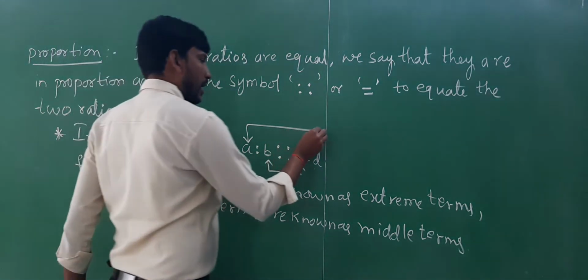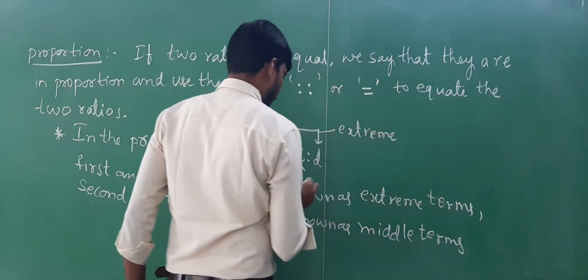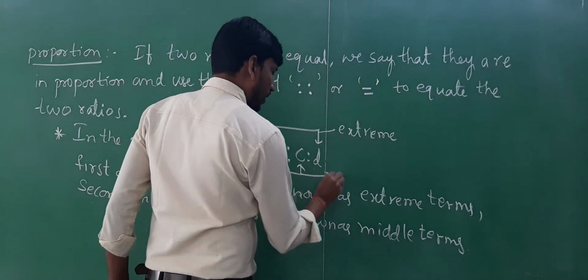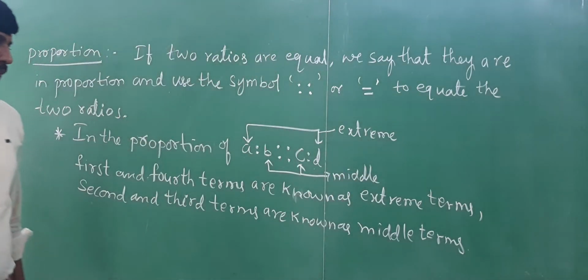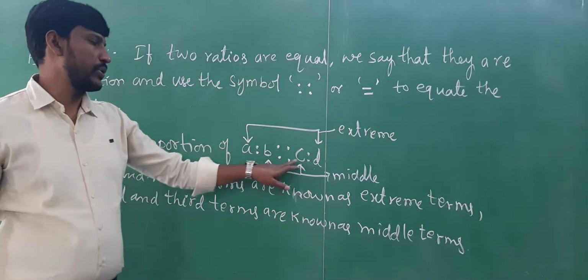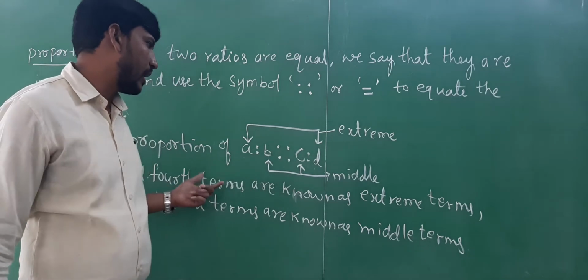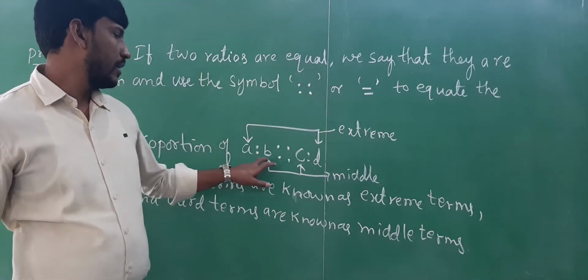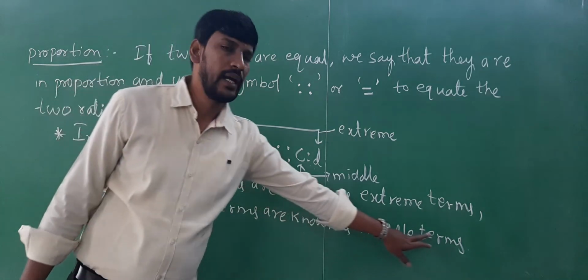Clear? A and D are extreme terms, and B and C are called middle terms. First and last terms are called extreme terms, while the middle values B and C are known as middle terms.